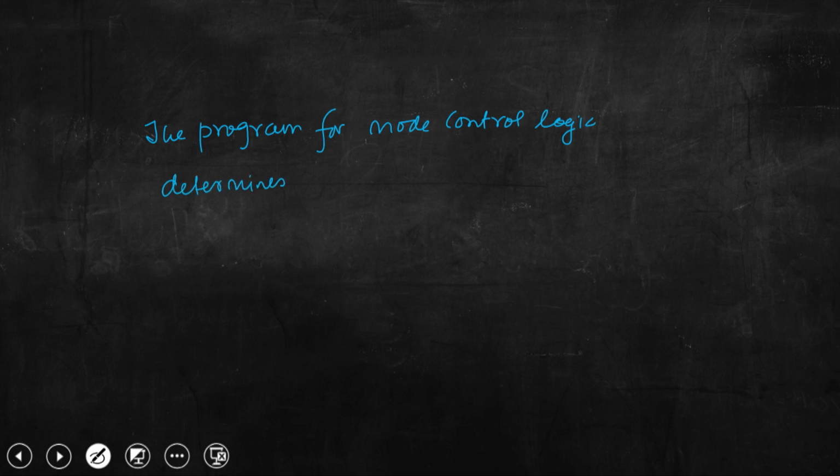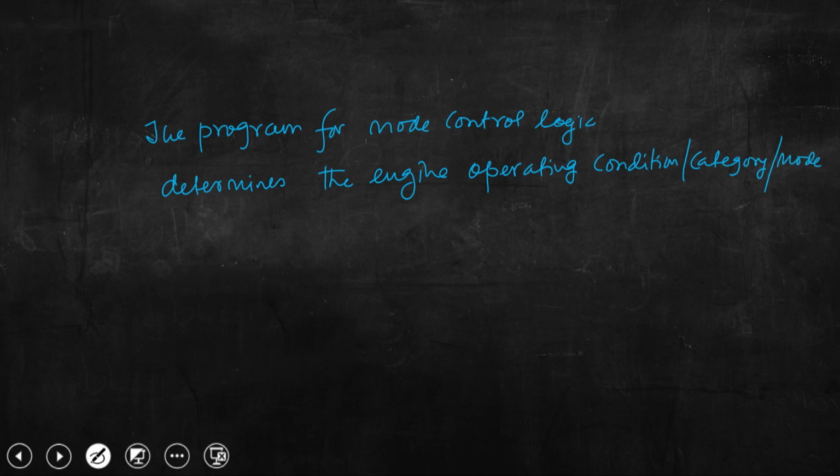The program for mode control logic determines the engine operating mode, engine operating condition or category, from the sensor data and timers.